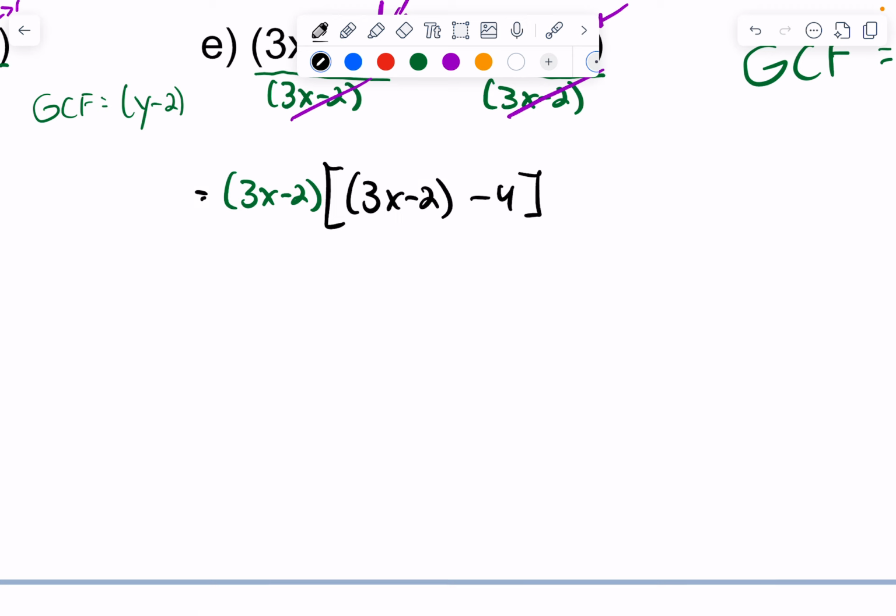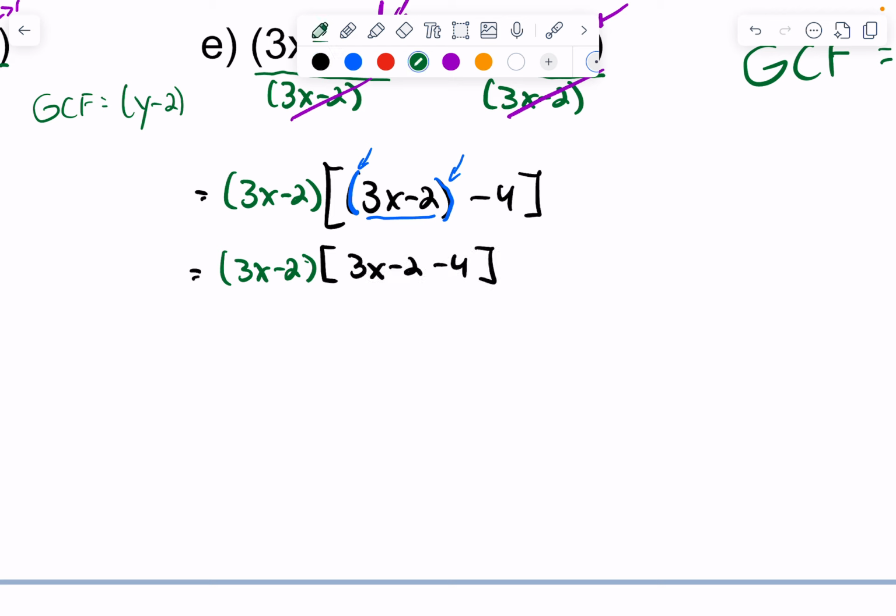So careful, this is not your final answer, because technically these brackets, these ones right here, I can get rid of them, right? Because there's nothing to simplify inside of this bracket. So what I'm left with is still this greatest common factor on the outside. And then if I get rid of those blue brackets there, this is 3x minus 2 minus 4.